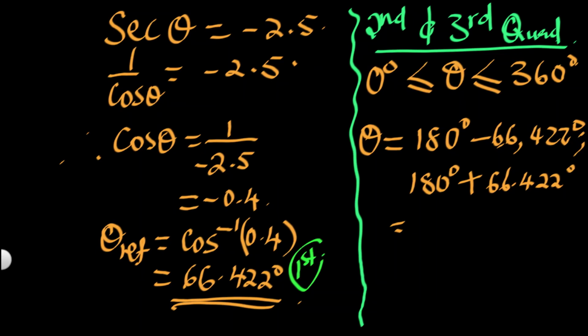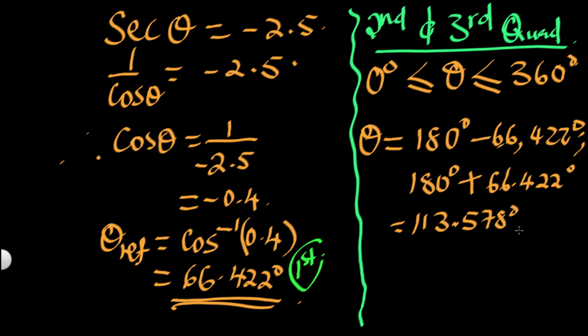All right, what do I get here? So 180 minus 66.422 degrees. I get 113.578 degrees.